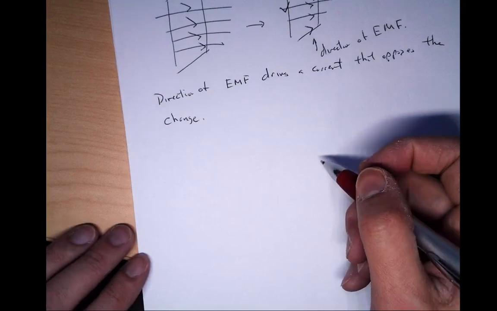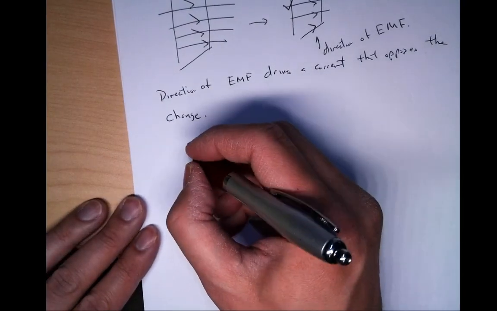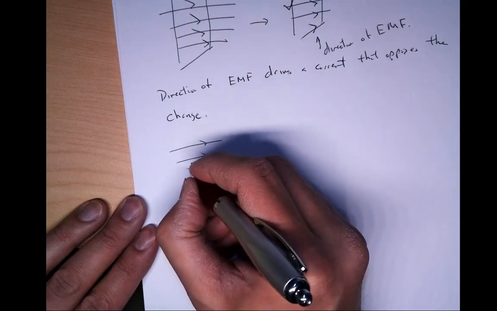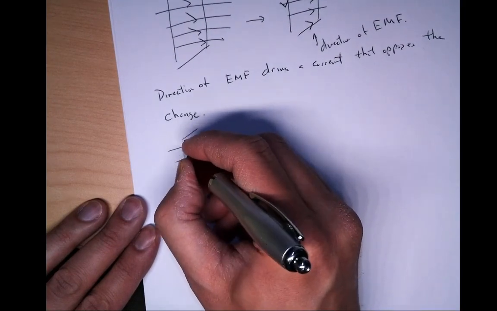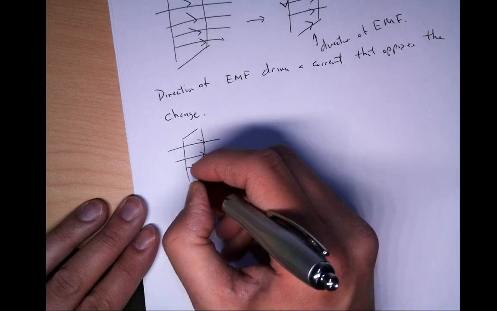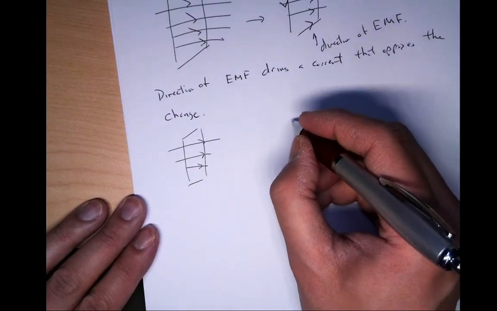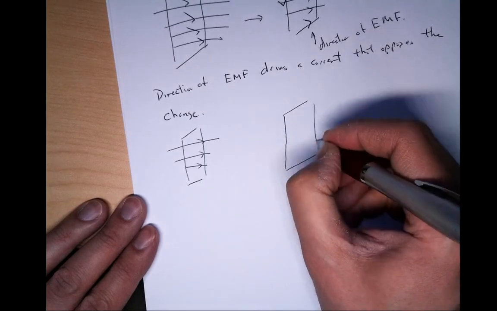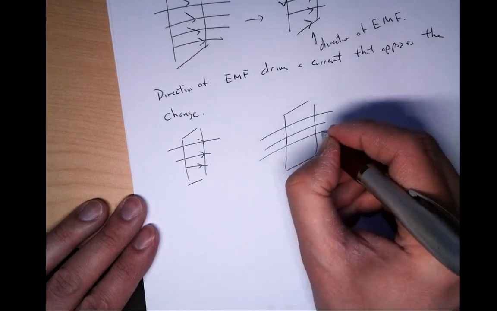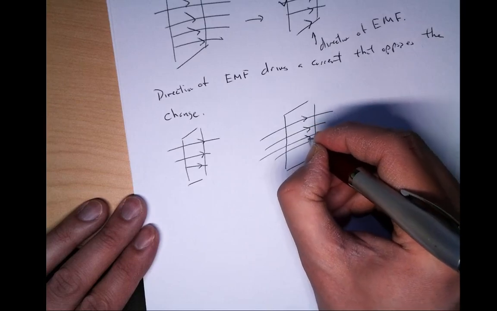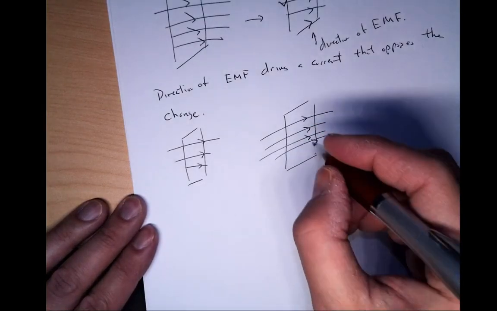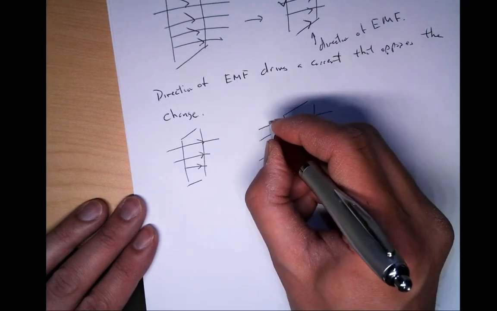Similarly, you could draw something else. Suppose you have 3 lines right here, and there's your surface again. And this is going to increase to 4 lines: 1, 2, 3, 4. Then I need an EMF that opposes this. I want to drive a B field in this direction now.